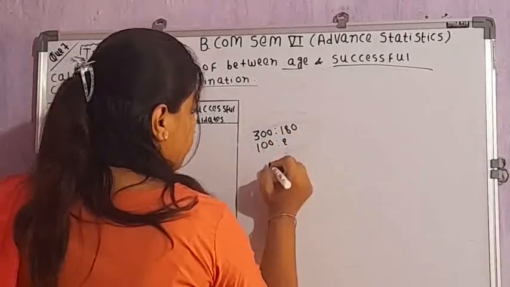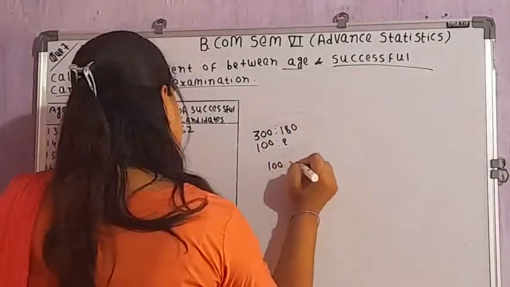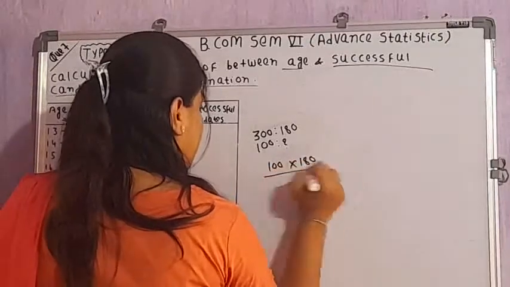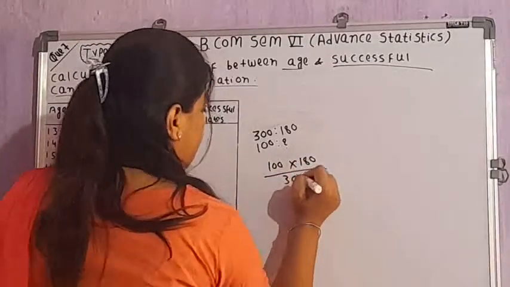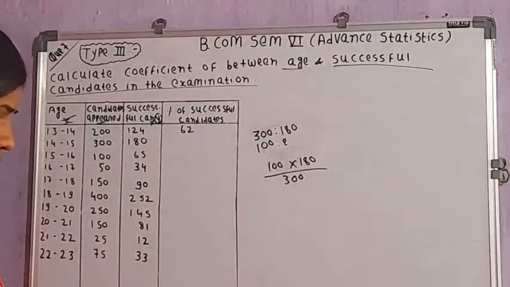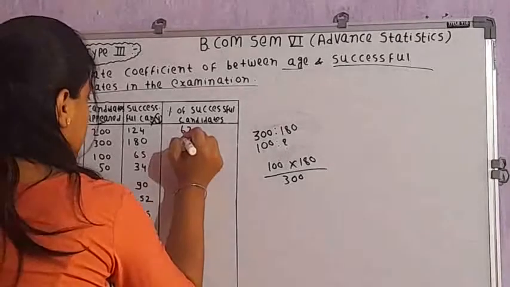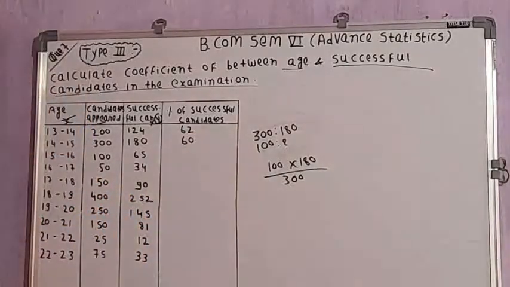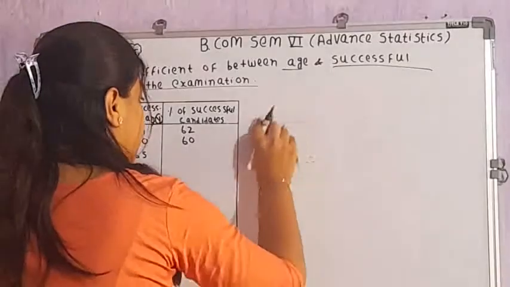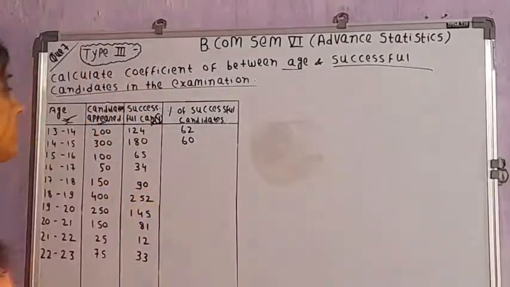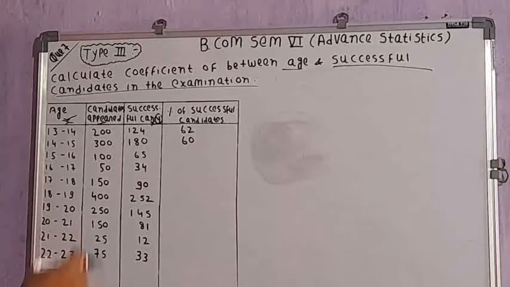Again we use this formula, 100 into 180 divided by 300. So what's going to be the answer? It's going to be 60%. So here we will write 60. So here what we are doing? We are calculating the percentage of successful candidates from candidates appeared and successful candidates given.